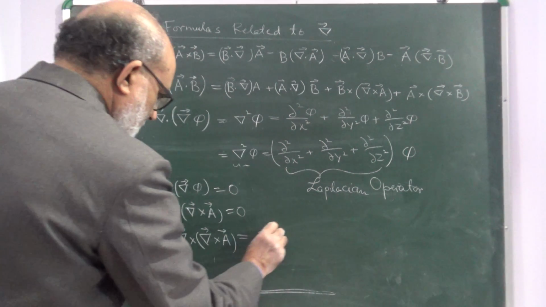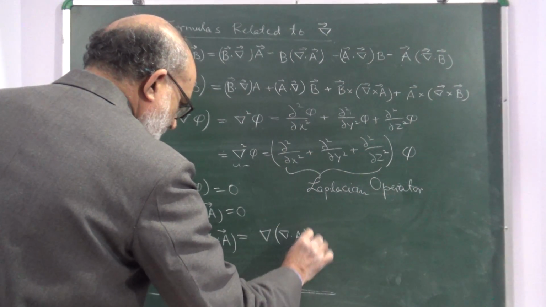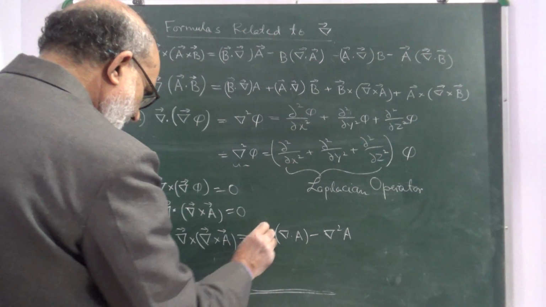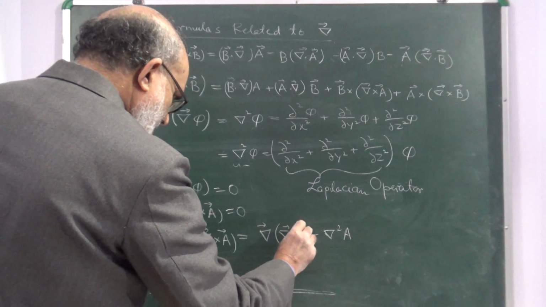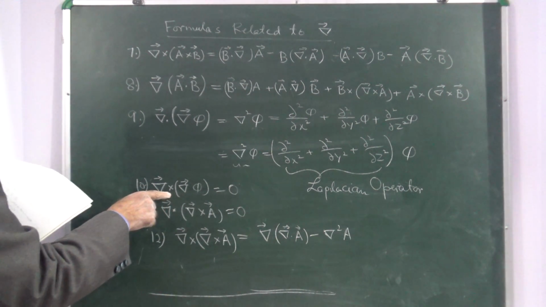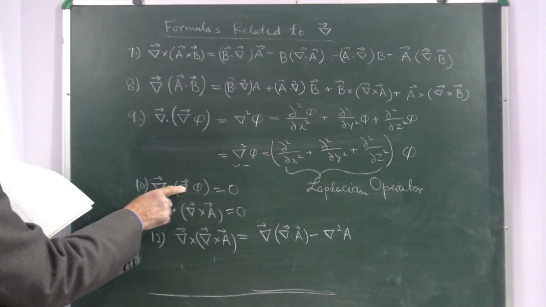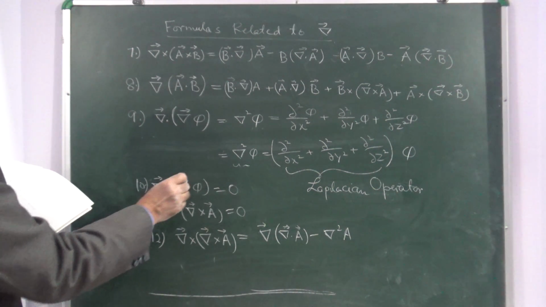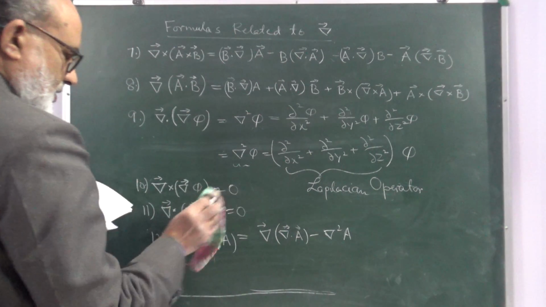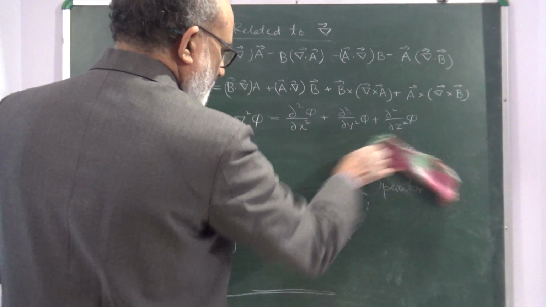But the curl of curl of A will not be 0. This will be equal to del, minus del square. This term you can assume will be 0 because this is a gradient. Gradient means it's directed tangentially along the increasing direction of the value of phi.